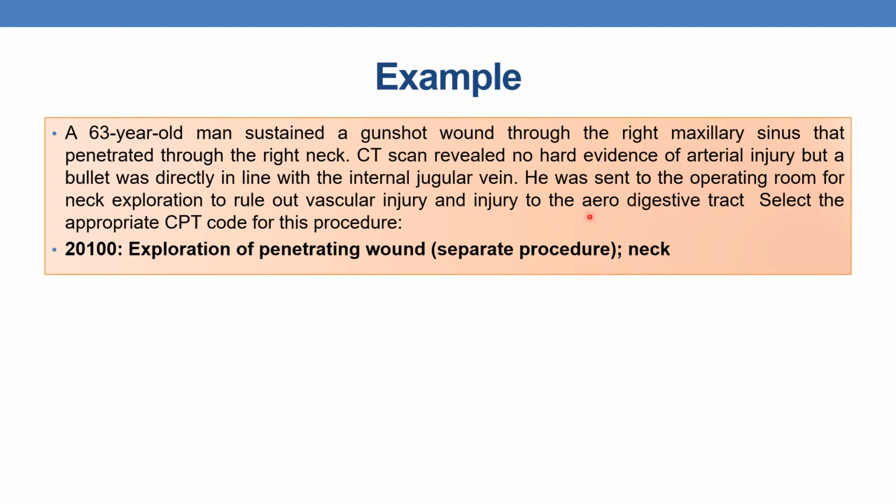He was sent to the operating room for neck exploration to rule out vascular injury and injury to the aerodigestive tract. Select appropriate CPTs for this procedure. Here, neck exploration of wound. Location is neck. So the appropriate CPT is 20100, exploration of penetrating wound, neck.